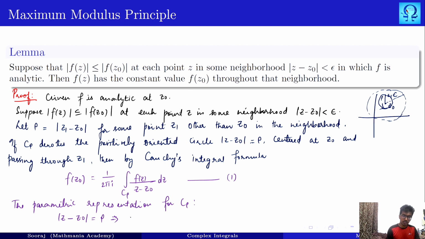So this tells us z minus z naught is rho e to the power iota times theta, with theta lying between 0 and 2 pi. With which one can write z equals z naught plus rho e power i theta, with 0 less than or equal to theta less than or equal to 2 pi.